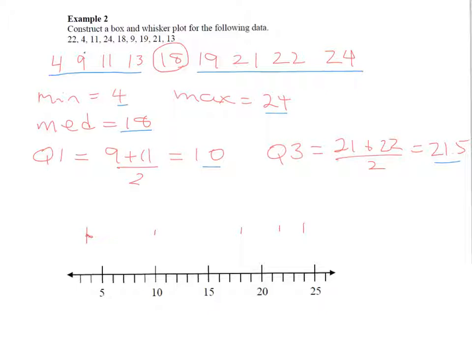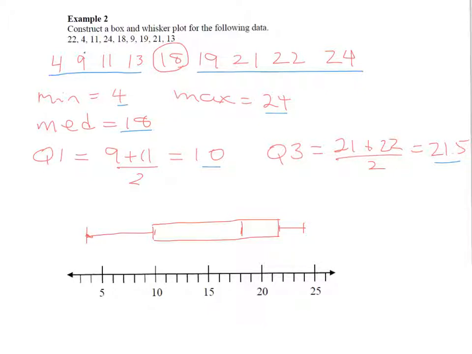And actually it's nice to maybe do a little vertical line for each of these. And then the 3 middle numbers get enclosed in our box, and we draw our whiskers. And there's the box and whisker plot for that set of data.